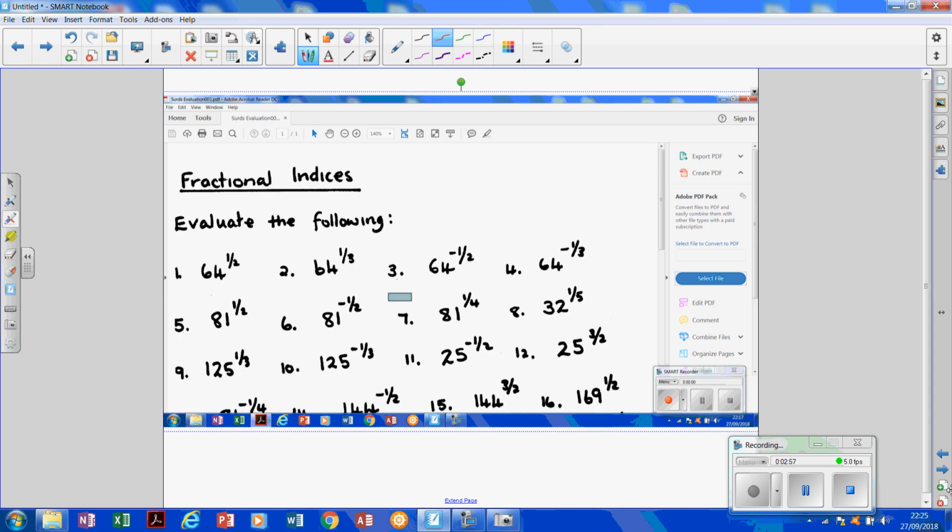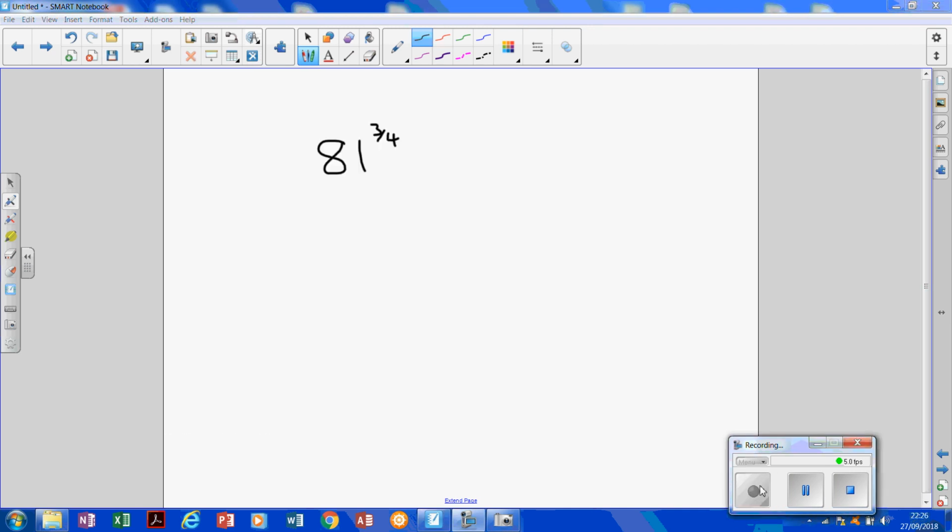Next one, for this one I want to do 81 to the 3 over 4. So that means that we want to work out the 4th root of 81, and the 3 to the power of 3 sticks there. So 3 sticks and the 4 goes over as the root. Now what number multiplies by itself 4 times to give us 81?